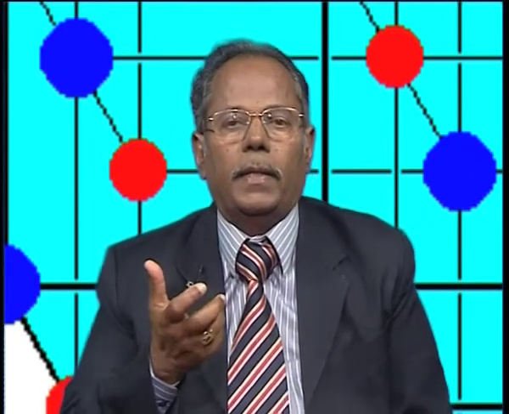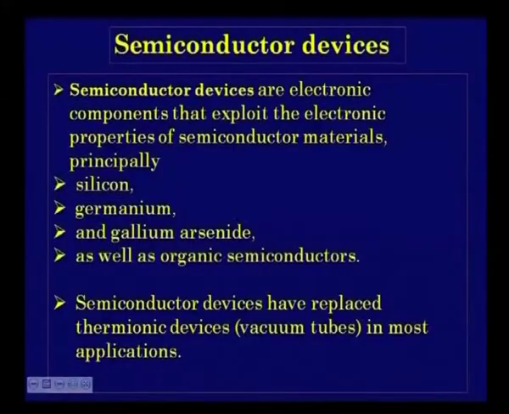That the current, as I will be telling you later, can be controlled in the case of semiconductors by some method. I will come to that later. So you have the basic materials, as I told you, silicon, germanium, gallium arsenide, as well as organic semiconductors. Semiconductor devices have replaced, as all of you know, the thermionic valves.